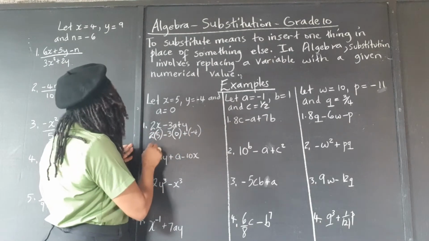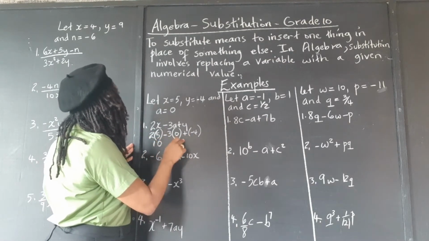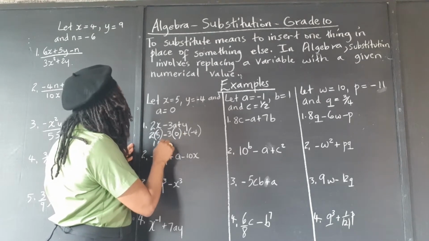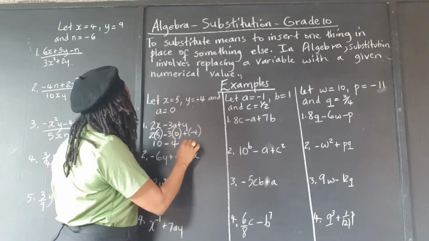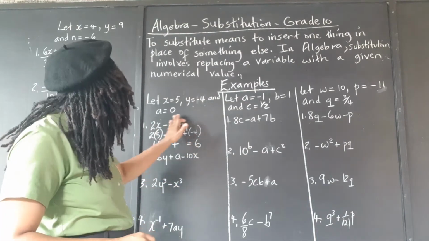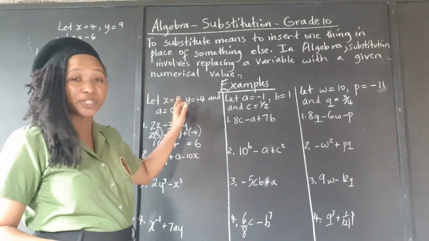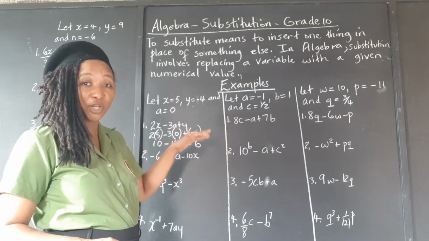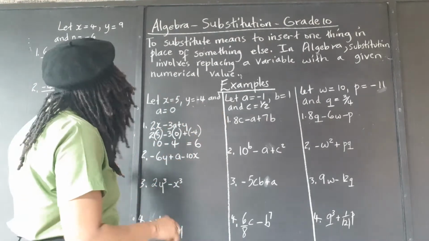So 2 times 5 is 10. 3 times 0, that's 0, -4. So the final answer is 6. Okay? So all of this expression, when we substitute the values, we end up with 6.